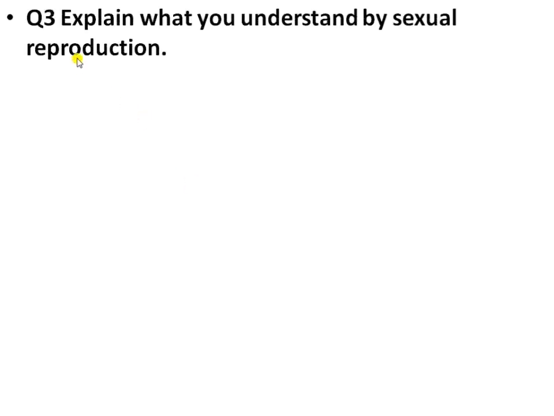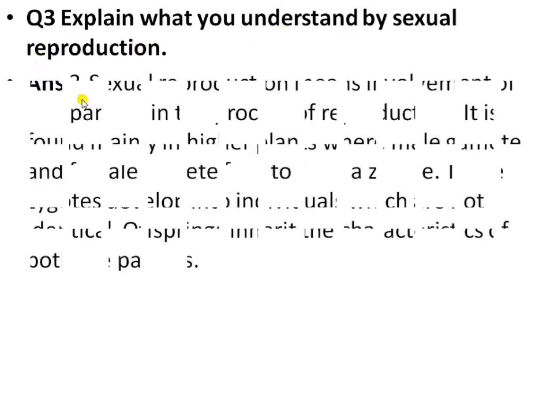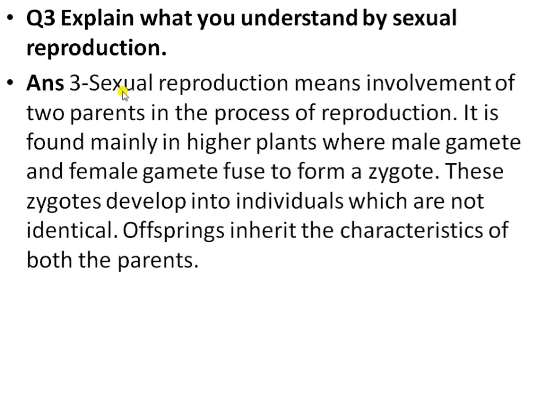Moving on to the next question: explain what you understand by sexual reproduction. Sexual reproduction means the involvement of two parents in the process of reproduction. It is mainly found in higher plants, where the male gamete and the female gamete fuse to form a zygote.